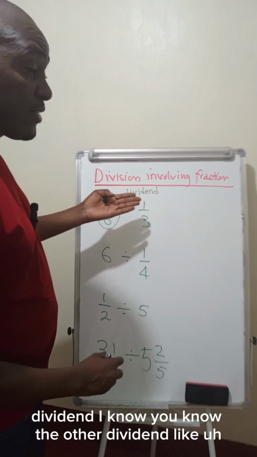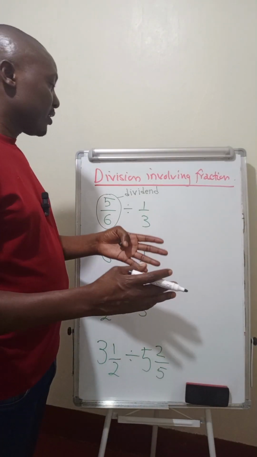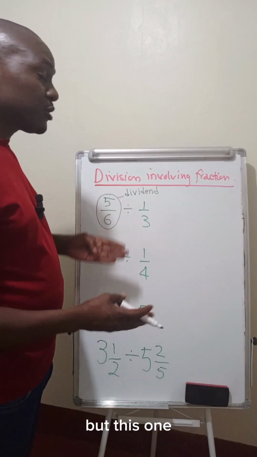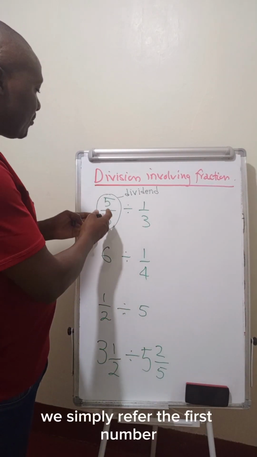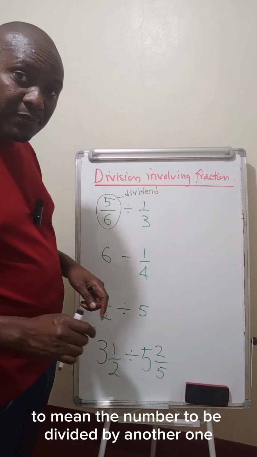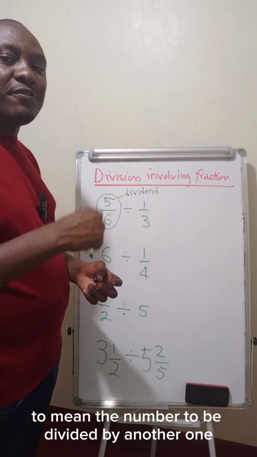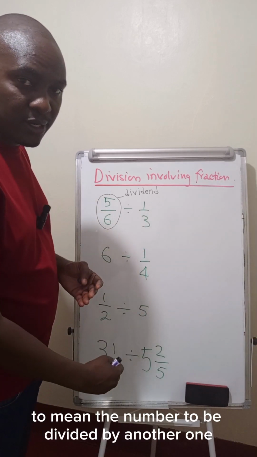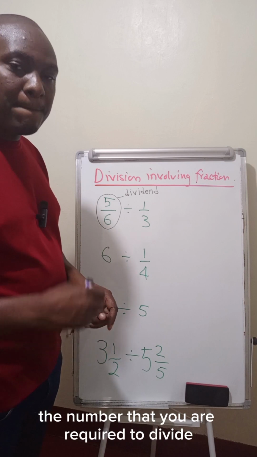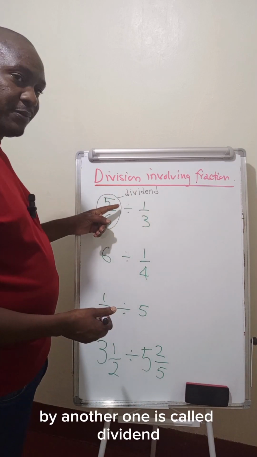I know the other dividend, like the one given by companies at the end of the year if you're saving with them. But mathematically, we refer to the first number as the dividend, meaning the number to be divided by another one.